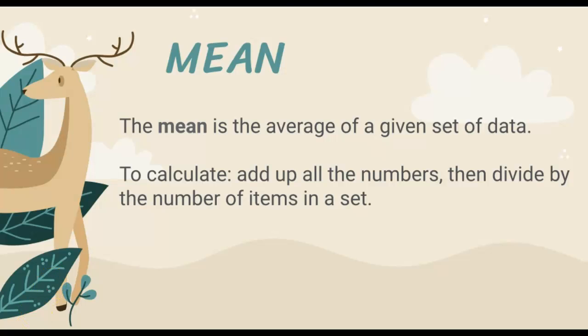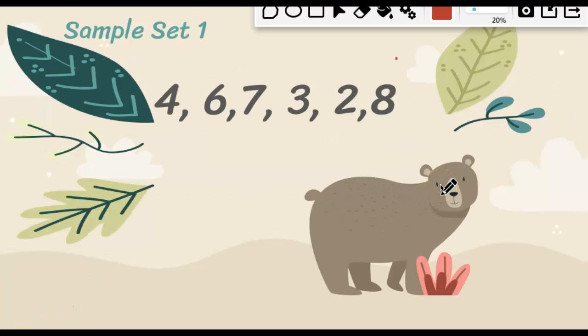All right. So problem set 1, we have to find the mean of the set of data. The first step is to add the items. So 4 and 6 is 10, 17, 20, 22, 30. So it looks like we have 30 as our total, and the number of items we have is 1, 2, 3, 4, 5, 6.